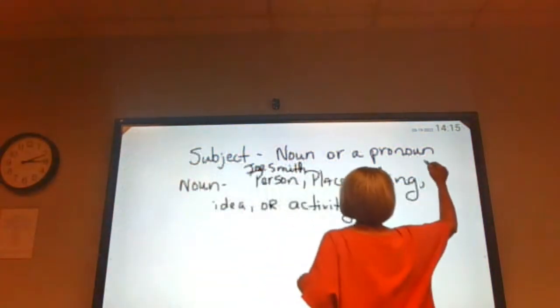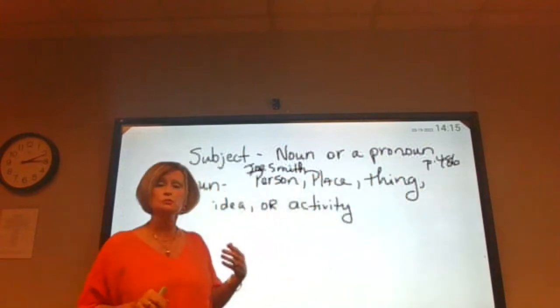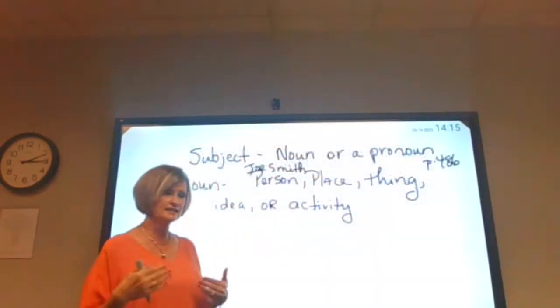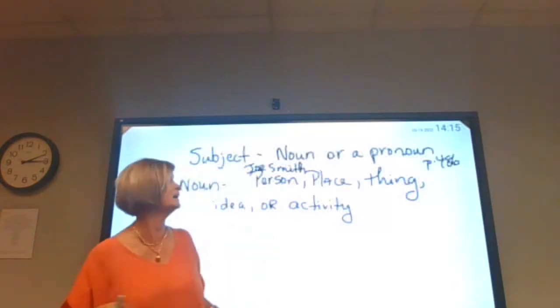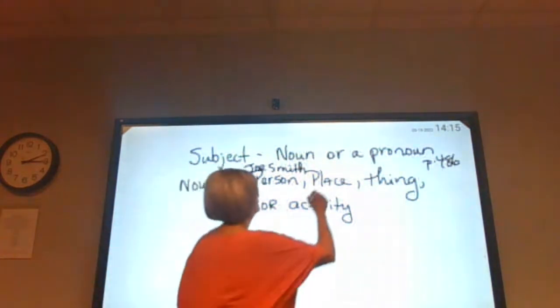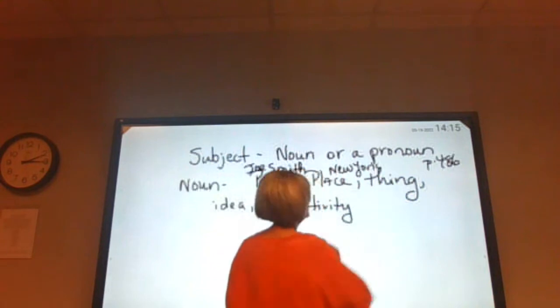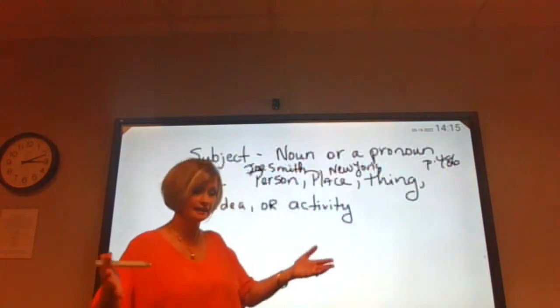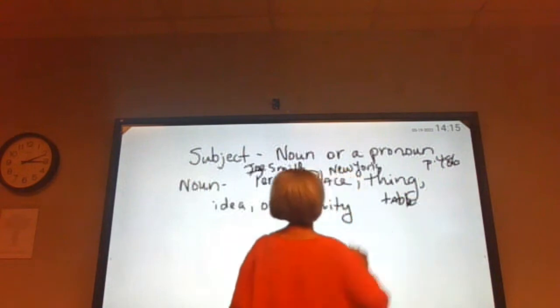Okay, I'm going to put that up here. Thank you. Okay, so place, I typically tend to tell my students place can be going to school today, or place can be specific, like in New York City. Thing, because I'm sitting here looking at tables and chairs, we'll say table.